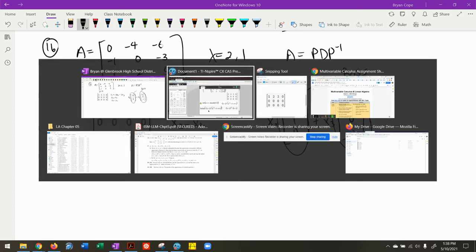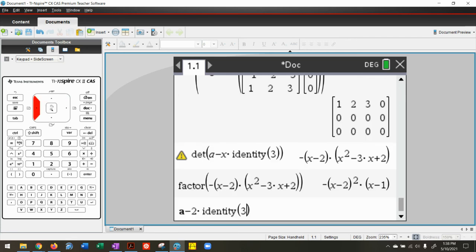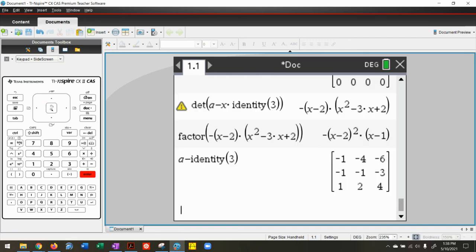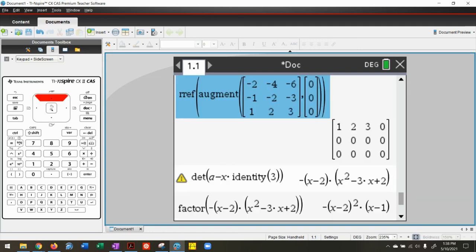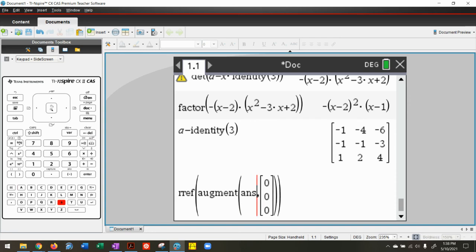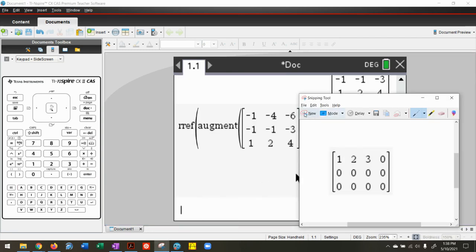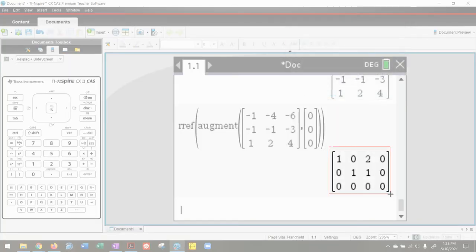All right, now for lambda equals 1, we're going to go back and do the whole process again, basically. I'm just going to literally repeat everything, but change my numbers. So A minus 1I. Now we're going to row reduce our answer augmented with 0. We see one free variable, right? We see one non-pivot column, so let's pull this over.